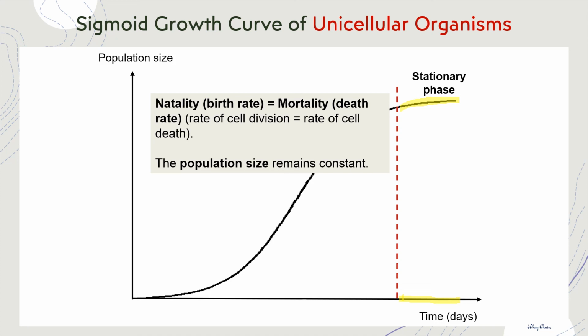This is because the number of new organisms formed is equal to the number of organisms that die in the petri dish after the high competition. So in stationary phase, the growth of population Paramecium or the growth of unicellular organism is halted, atau kita kata pertumbuhan telah berhenti.